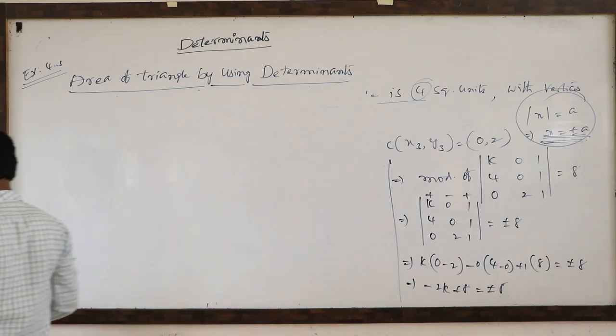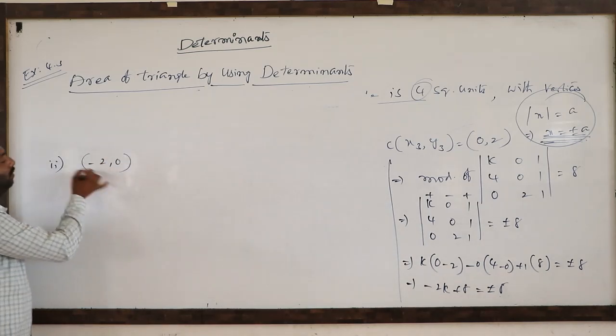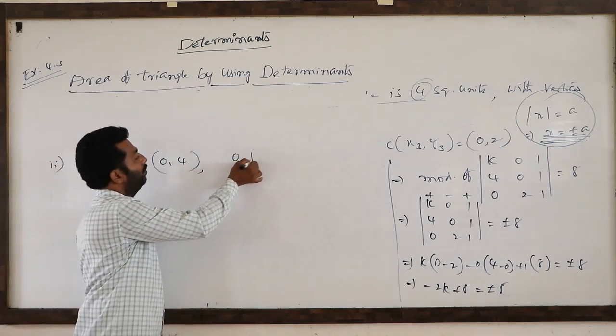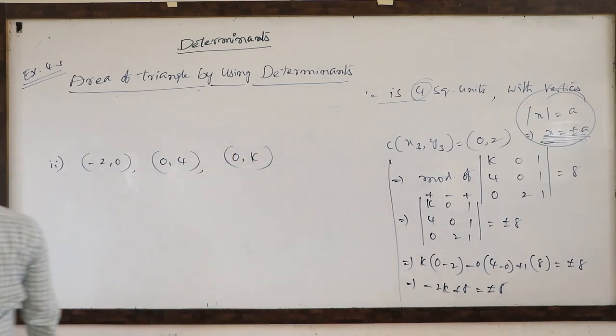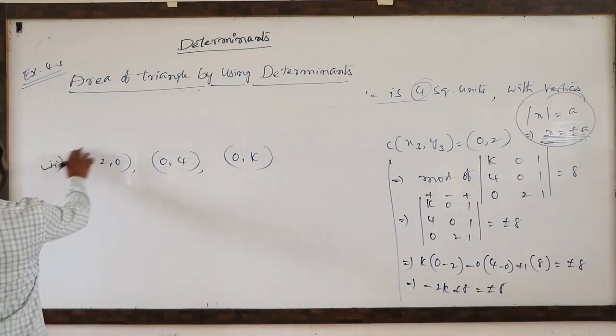So note that question down also: minus 2 comma 0, 0 comma 4, 0 comma k. So k value we have to calculate. The area of the triangle is the same, 4 units only, it will come.